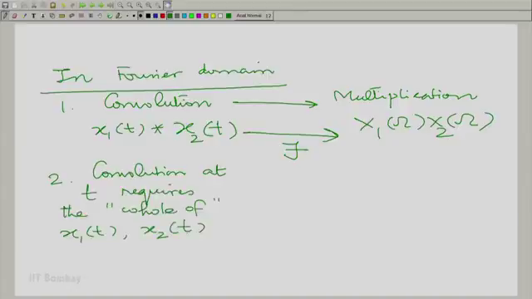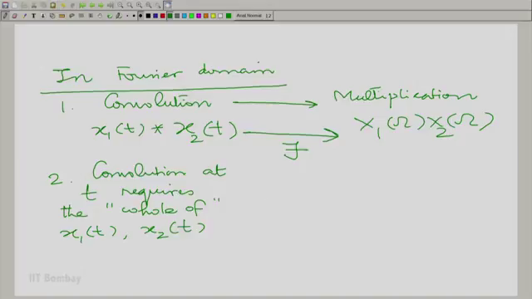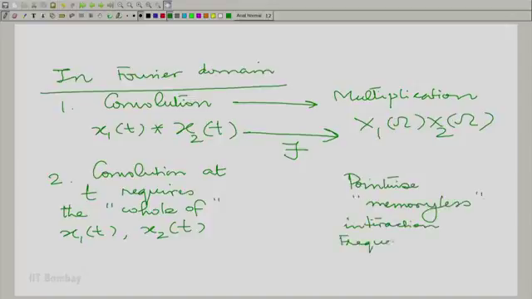What I mean by that is, you require to involve the signal all over the t axis for x1 and for x2, for both of them. In fact, for every point t, you need the whole of x1 to interact with the whole of x2. In contrast, here it is a point-wise interaction, or memoryless. Frequencies are decoupled. That is a very important idea here.